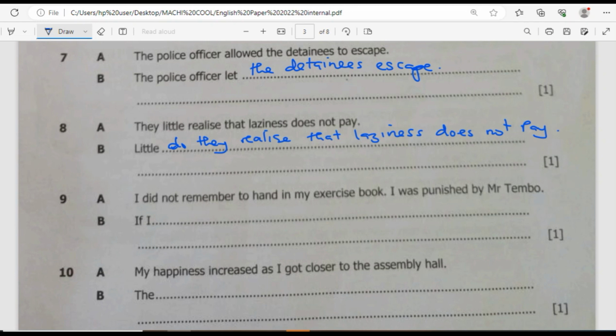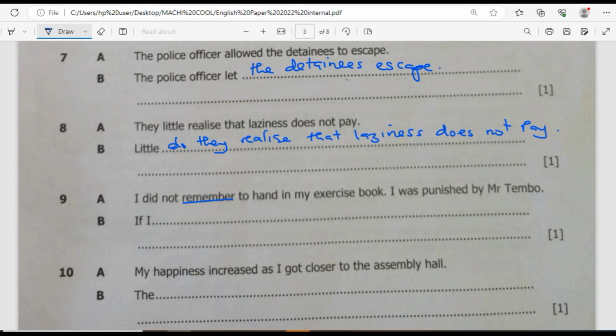So we are saying that I did not remember to hand in my exercise book, and I was punished by Mr. Tembo. So these are two different sentences. According to the instructions, we are told to come up with one sentence. So we're going to combine these two. If I had remembered, so this one will change into past.